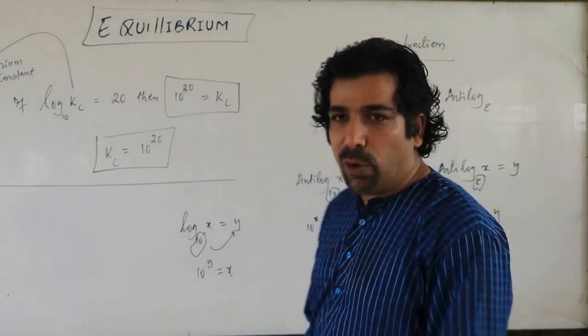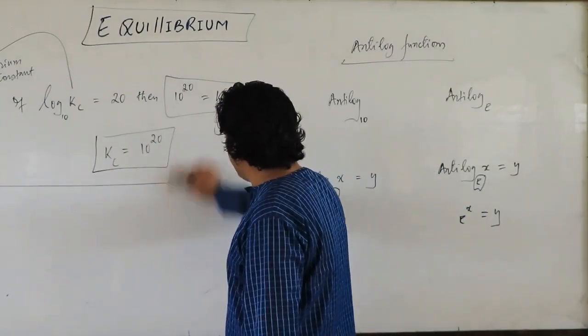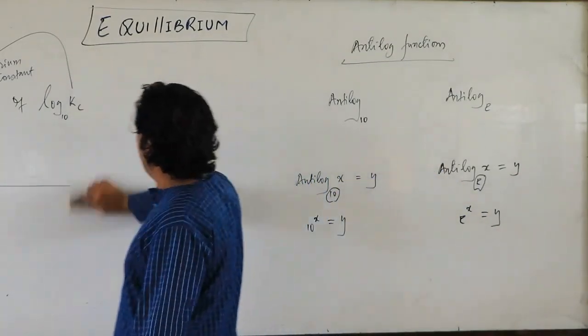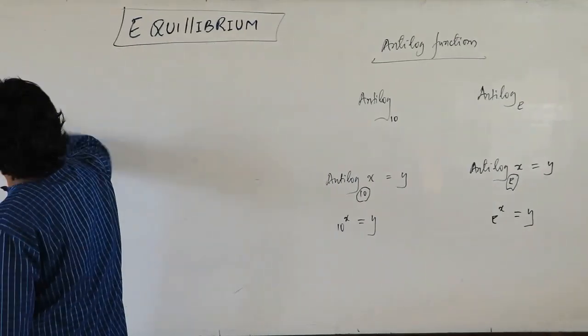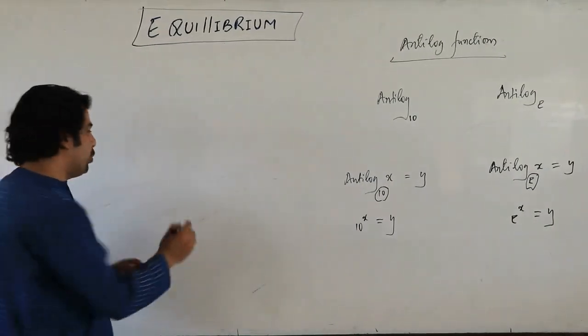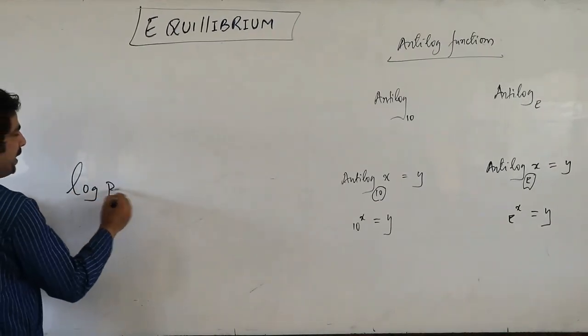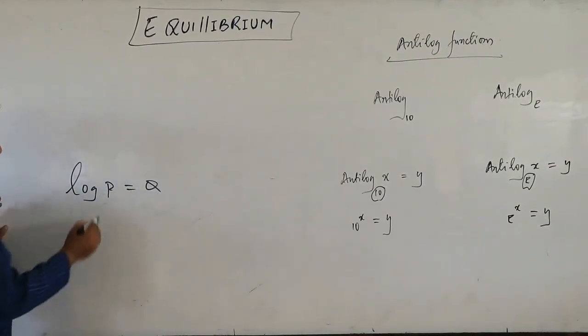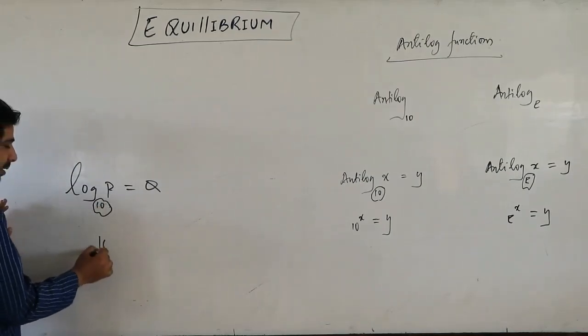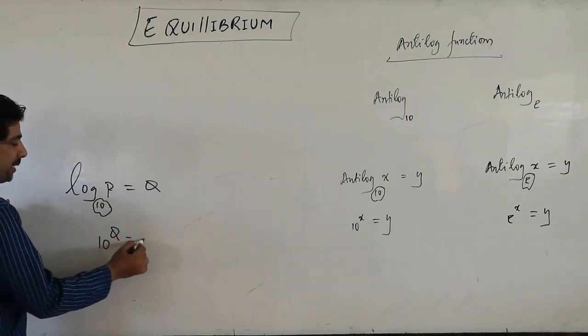So in order to avoid the confusion, let me compare them here so that you can remember it. Have a look here. Let us suppose I have log p is equal to q. Correct? What is the base here? 10. So I will take this base 10 raised to the power q is equal to p.